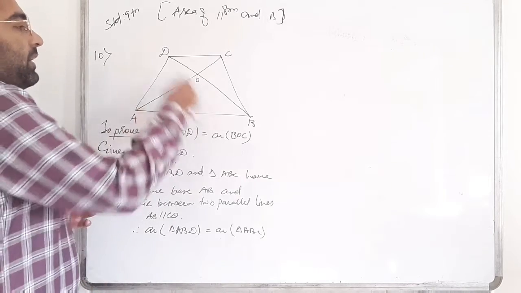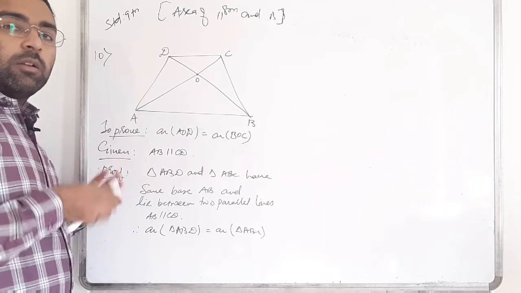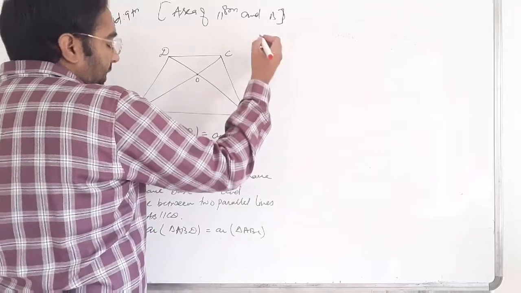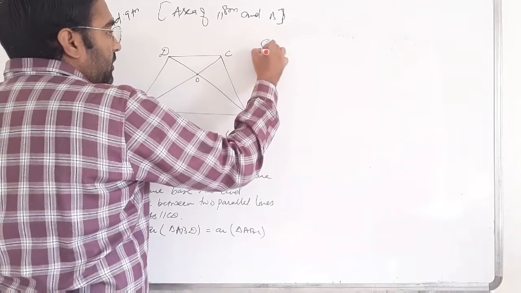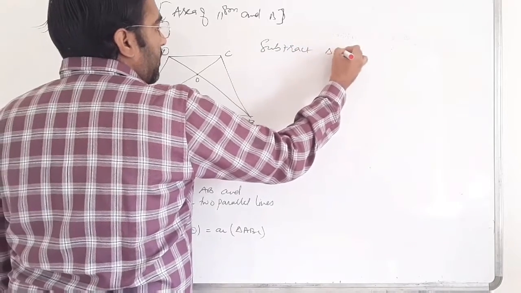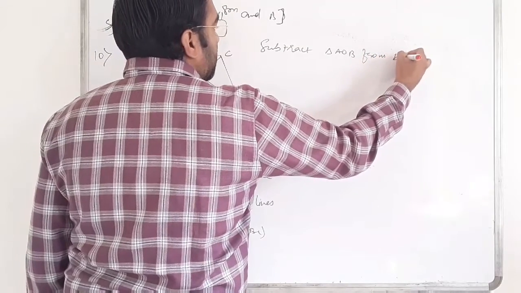Now in ABD and ABC, in both of them triangle AOB is common. So therefore I'll subtract that triangle. So subtract area of triangle AOB from both sides.